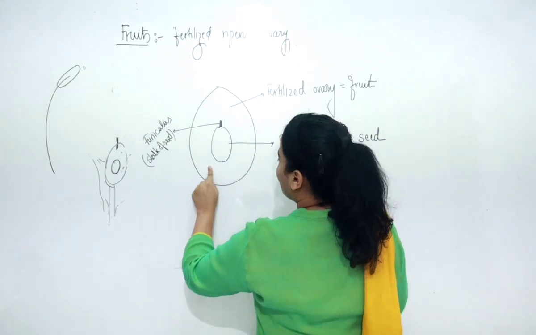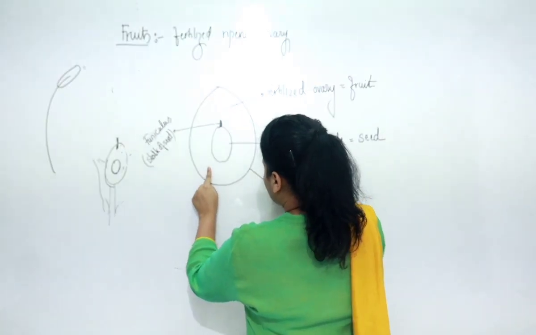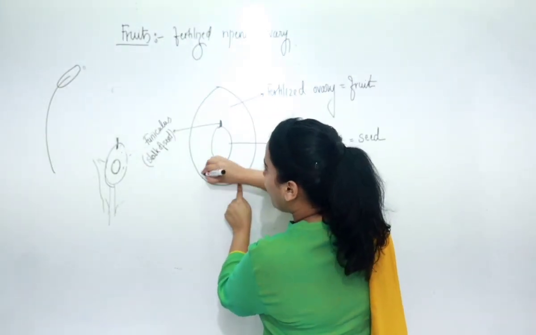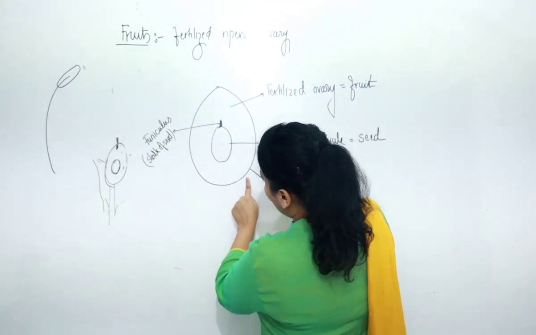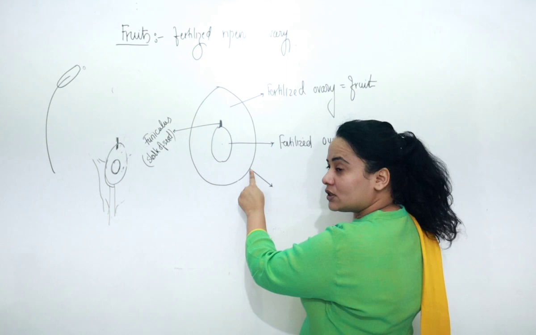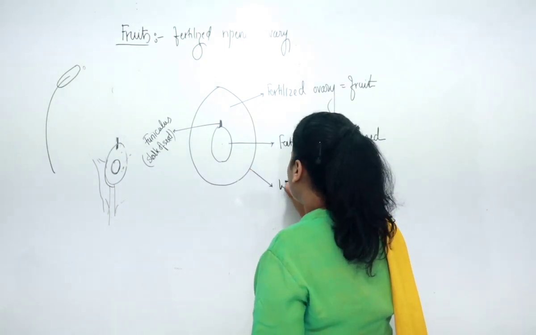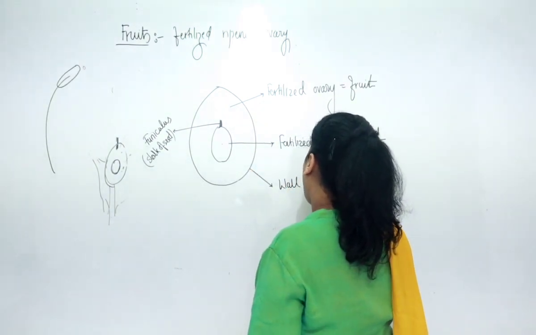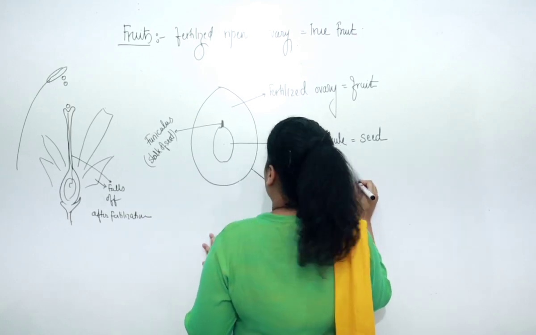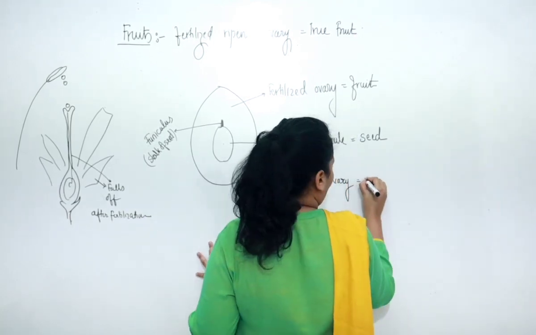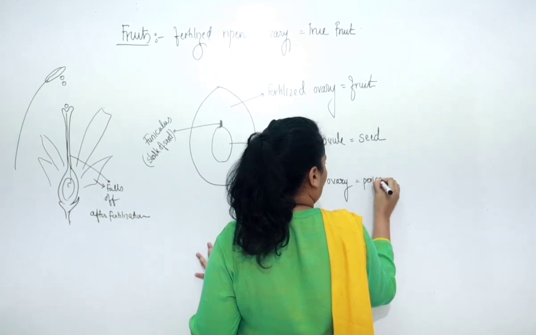Now, as we are talking now about the fruit, what is this? This is the outer wall. And this is actually the wall of ovary, because this is ovary and this is ovule. So I am talking about this wall. So this is the wall of ovary. So this wall of ovary is called pericarp.